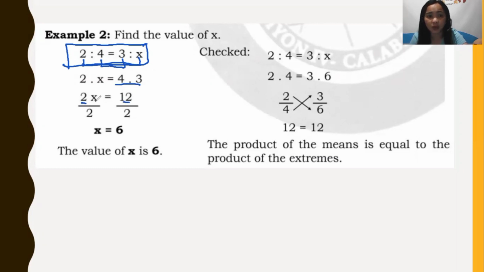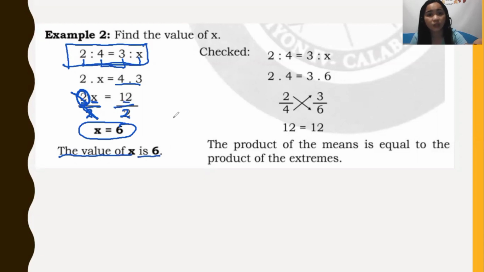Para makuha mo yung value ng x, kailangan mo ma-eliminate ang 2. Paano ma-eliminate ang 2? By dividing both sides by 2. So this will be cancelled out. x is equal to 12 divided by 2 is 6. Therefore, the value of x is 6.